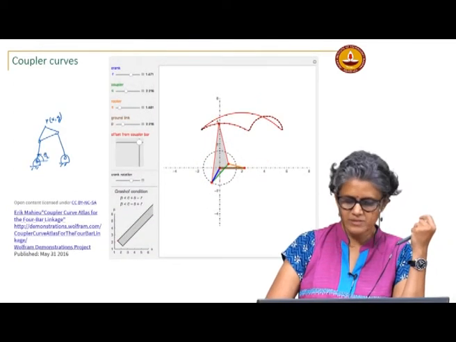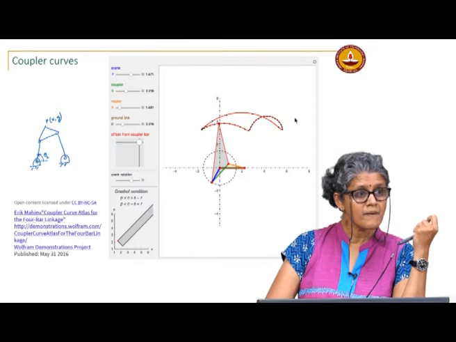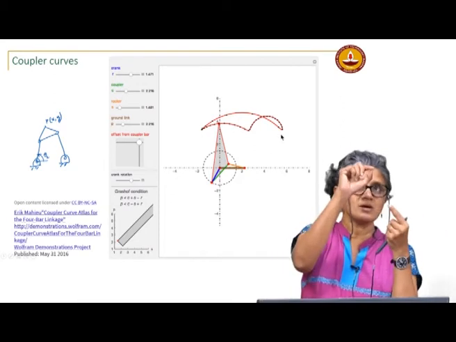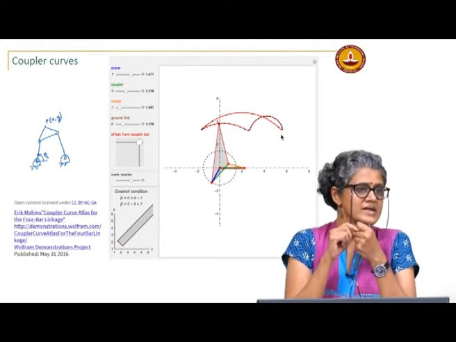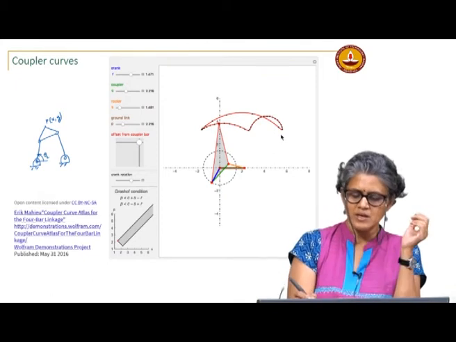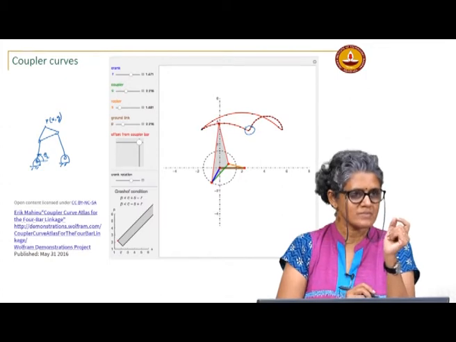Good question. Seeing a coupler curve, can we tell whether a point is an actual cusp or not? You can, because a sharp point is your cusp, where the point comes and there is reversal in direction. So, this may be close, but may not.